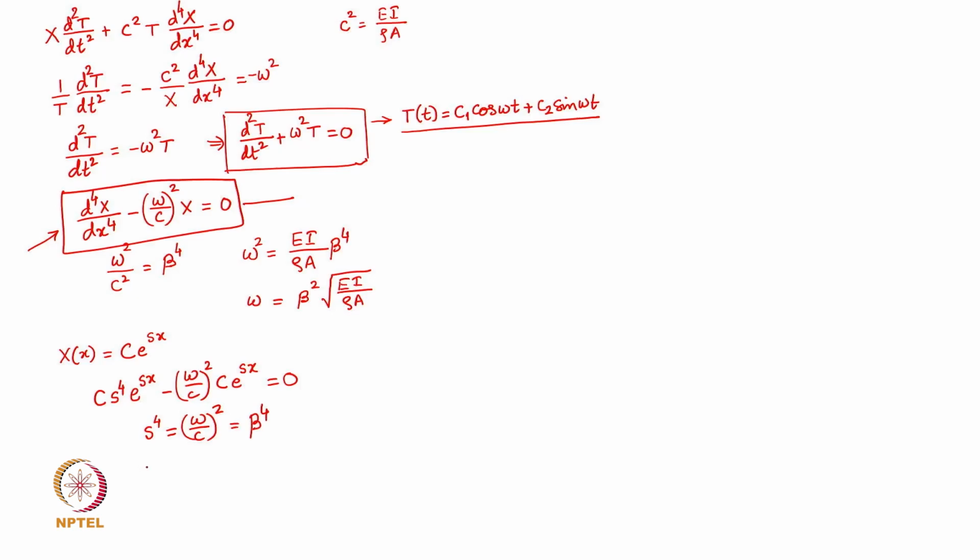And if I now want to know what are the 4 possible roots, s1, s2, s3, s4, this is going to be plus minus beta and plus minus j beta. You can see that all the 4 roots are basically going to satisfy this condition.